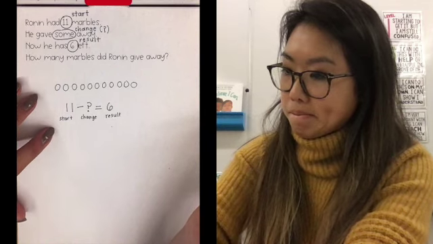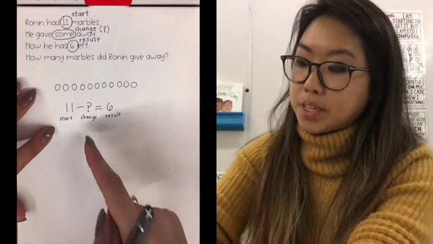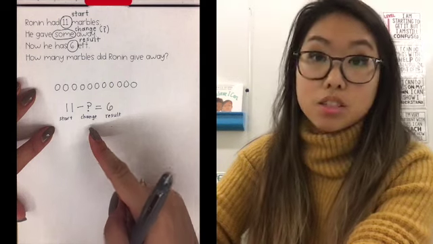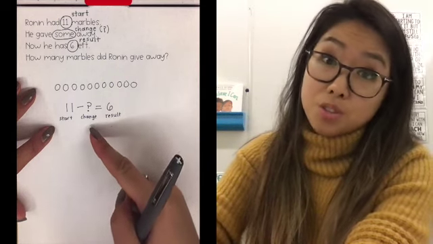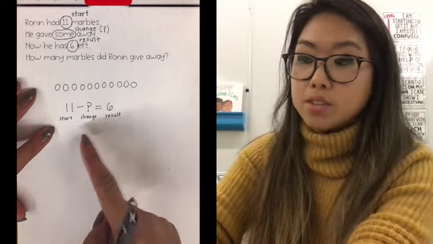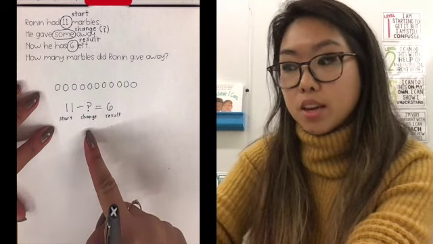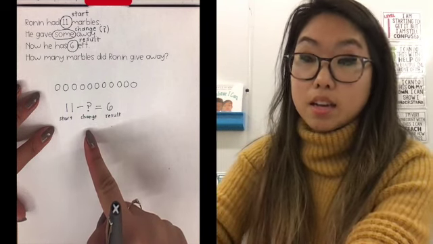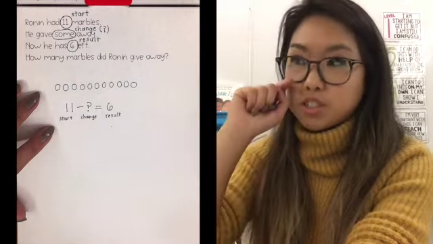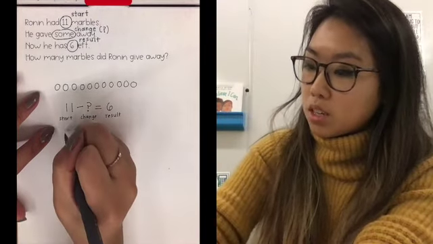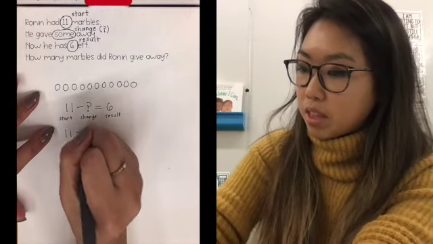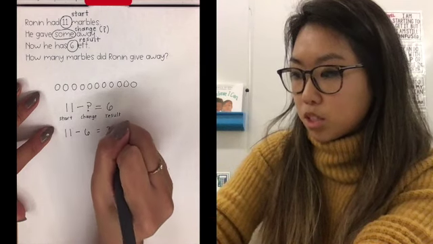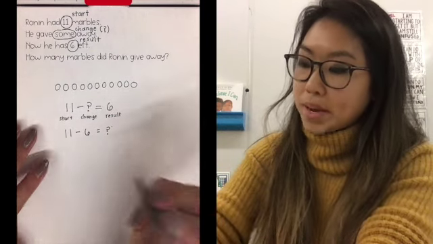Okay, now I know because I'm subtracting some, I could do this a couple of ways. I also know, because I know my fact families, that I can rewrite this subtraction equation and I could make it another subtraction equation or an addition equation. So watch how I do this. So I know the other fact family could be 11 minus 6 equals question mark, or my unknown.